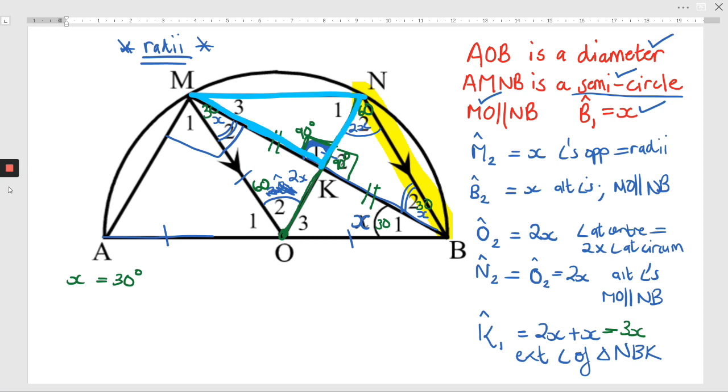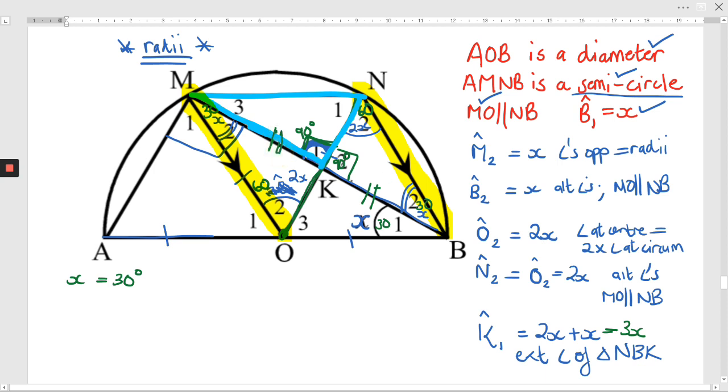But it's going to be quite difficult to prove it. The thing is, I'm told about parallel lines. I'm told that NB is parallel to MO. And I've also got this MK being equal to KB.